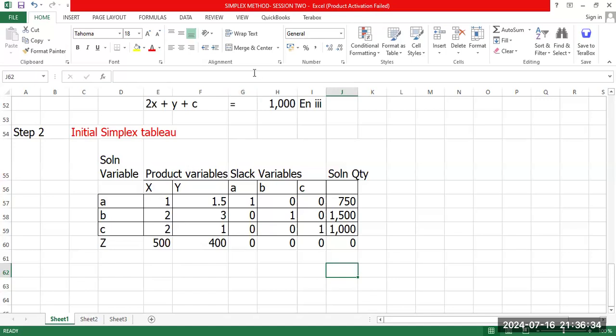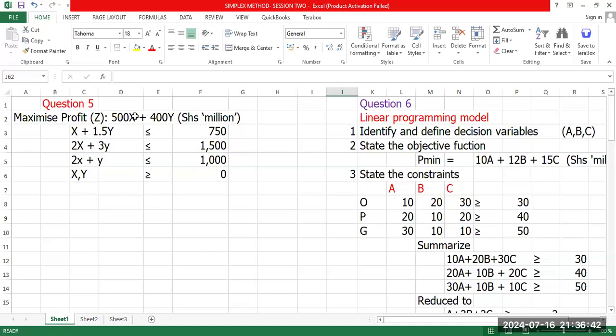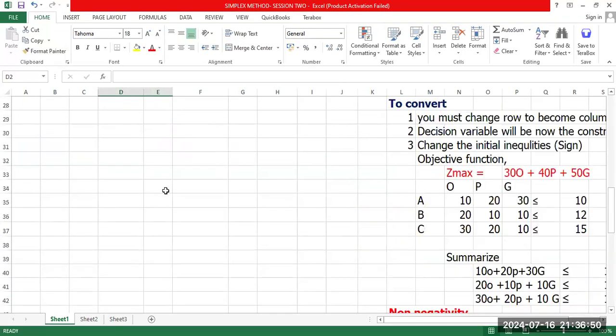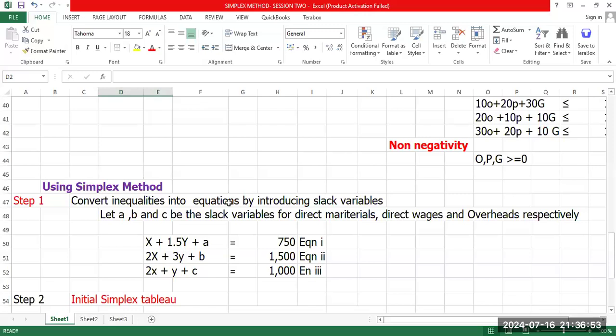I beg your pardon, why don't we have slacks on the objective function? The reason is you don't have inequality. Do you have inequality on the objective function? There is no inequality. Remember, we introduced slack variables to remove inequality.